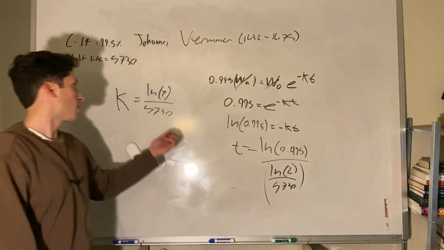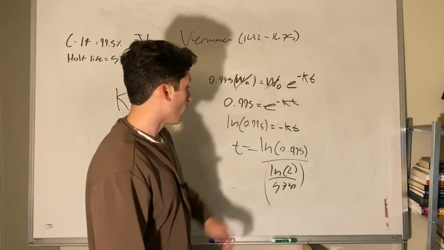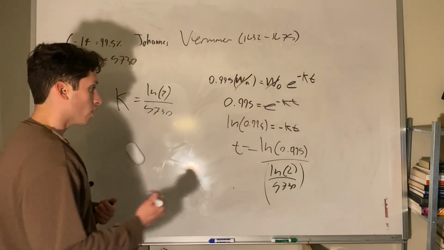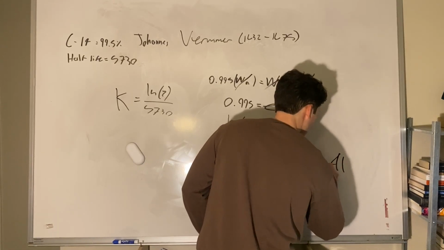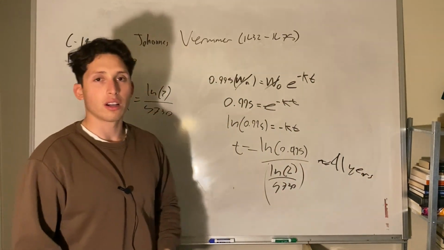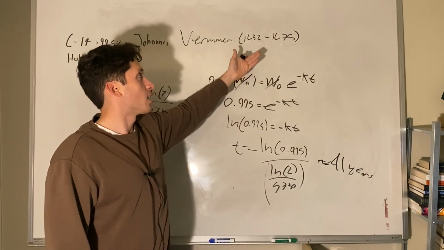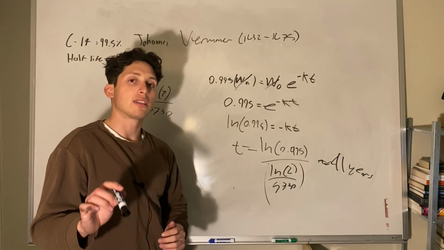And yes, I made a mistake. It was in fact 2, not 1 over 2. Now we have the time. Now what? Using this, we determine that this number equals approximately 41 years, which, if we are in 2024, we can instantly know that this painting was in fact not painted by Johannes Vermeer.